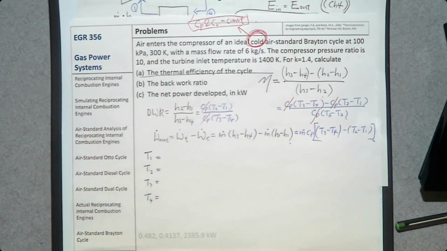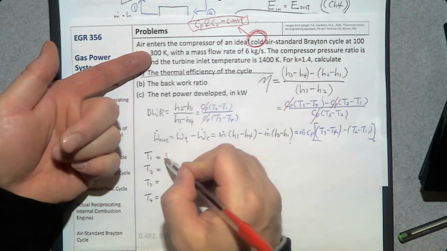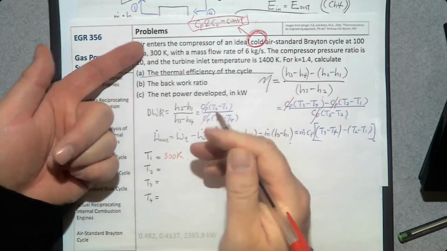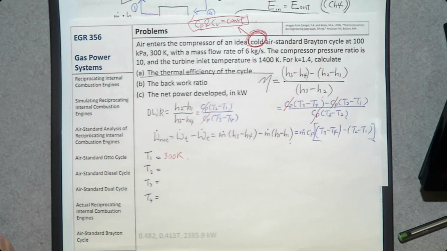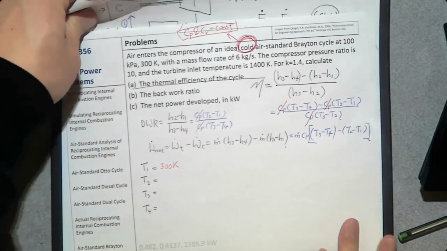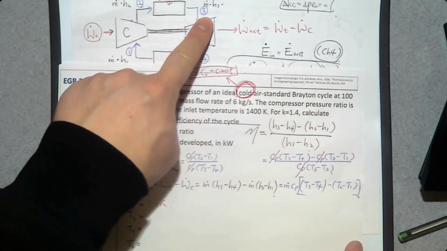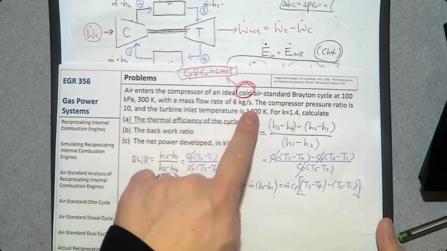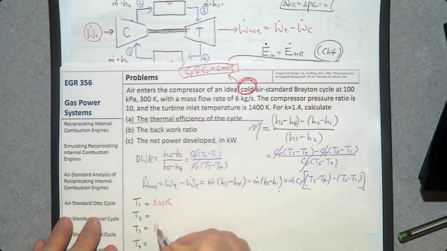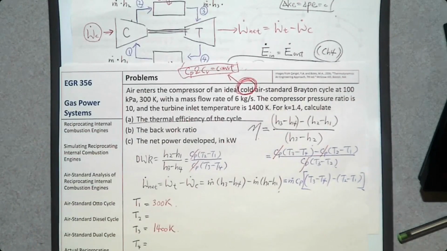So, let's see. T1 is given, 300. Very good. And the turbine inlet, where is the turbine inlet? Turbine inlet is number 3. So T3 is 1400. So we just need to find T2 and T4. Then that's it.